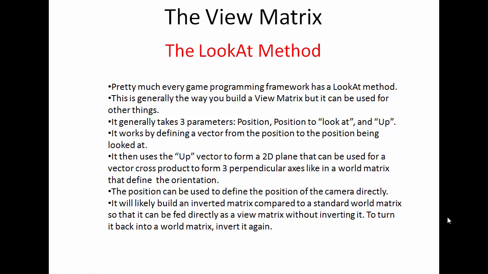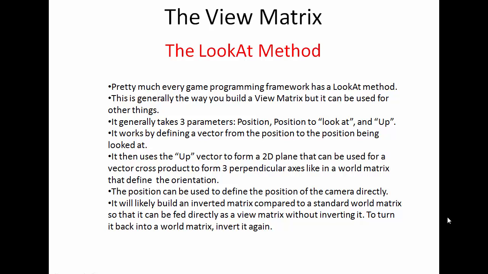The problem is that when you flip it over, like when you're doing a flight simulator or something where the camera actually does turn upside down, and you're feeding it an up vector that is not above the camera but is actually straight up, your code will have a bug in it. It'll freak out.